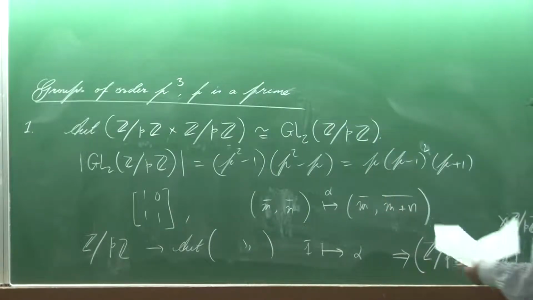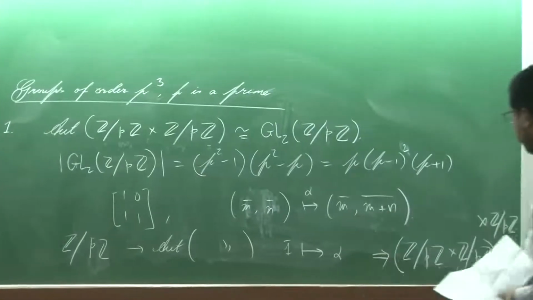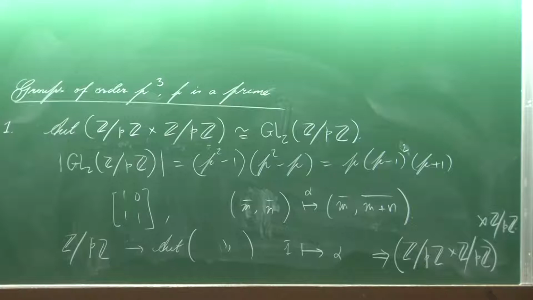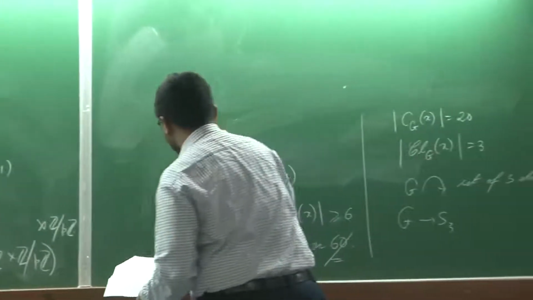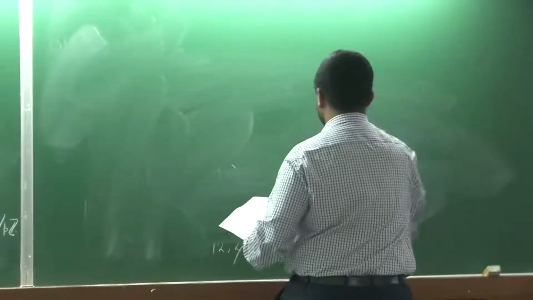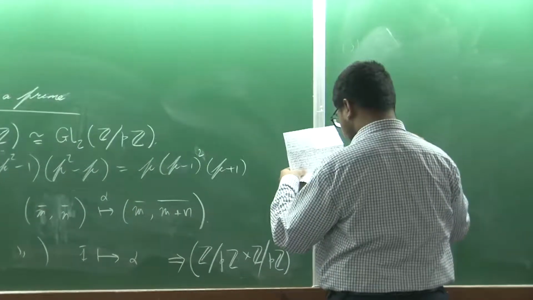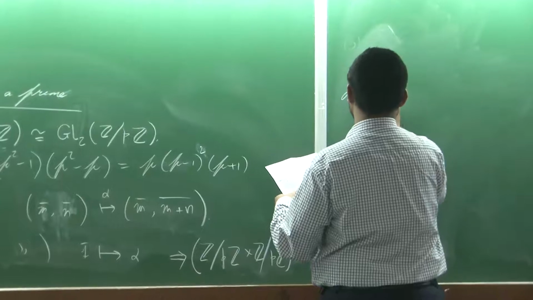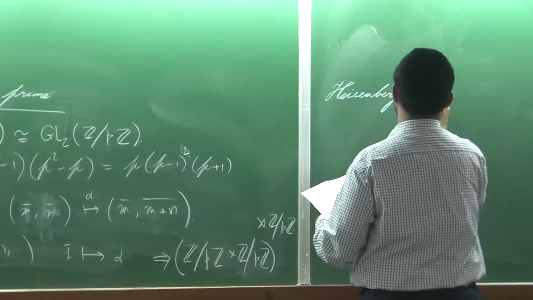Since the homomorphism is non-trivial, this group has to be non-abelian. So we have constructed one group of order P cube using semidirect product, and this group is called the Heisenberg group over ZP.